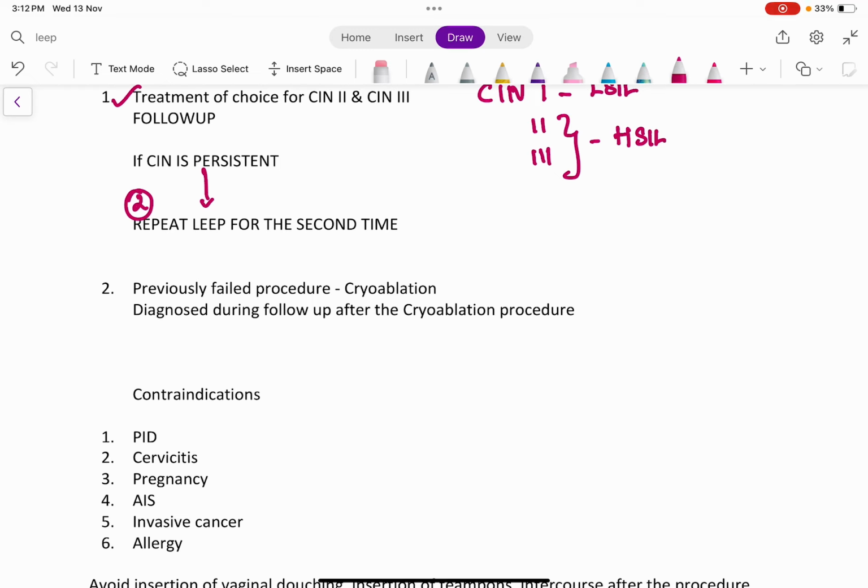Let me make it clear for you. A patient with CIN 2 came to me, right? Since it is a case of CIN 2, I'm going to do the LEEP procedure in her, and I did the procedure.